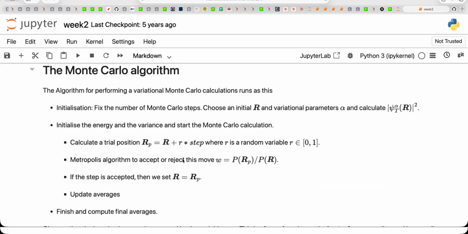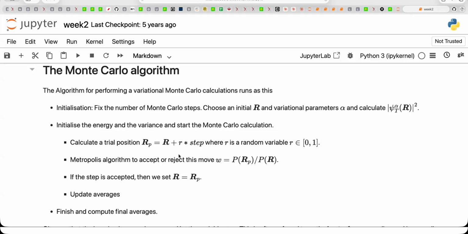And what we discussed last week was a way of moving the particles without thinking about the probability which governs the system. So this is normally called a brute force move, in the sense that we just let the particles move irrespective of what the probability distribution looks like.